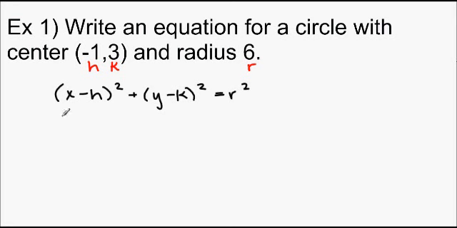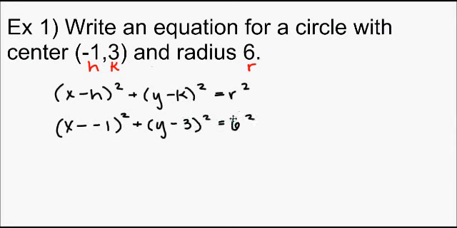Plugging in exactly what we have, x minus -1 squared. Don't forget to put the minus just because you have a negative. Plus y minus k is 3 squared equals r is 6.